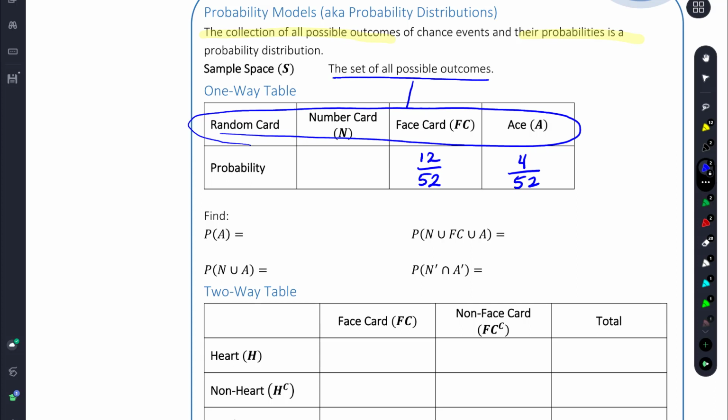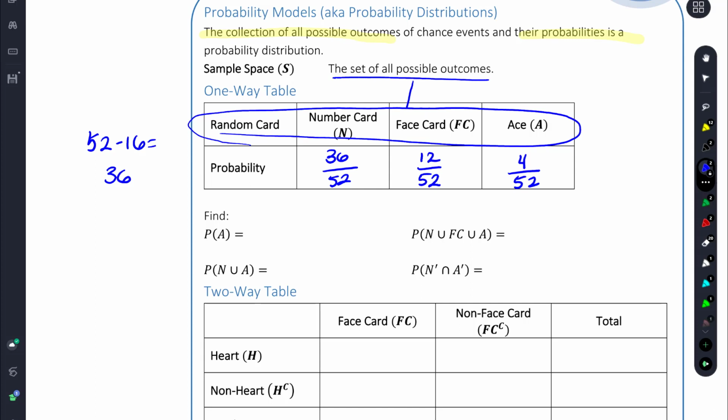Well, if cards are either face cards, aces, or number cards, then the only other outcome is number cards. So we have 16 cards in total right now that we have accounted for, and there are 52 cards in total. If we were to take those cards away from the 52 in total, we would end up with 36. So that means there must be 36 total number cards.